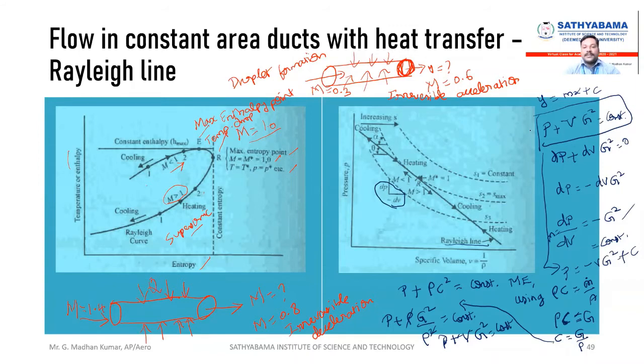So the graph is between P and V, specific volume, right? I think you understand this step, right? So we are experiencing the critical flow, that is M star is equal to 1. From subsonic to supersonic flow, you are heating, and the flow becomes critical and it ends at that point. And then, on heating again, what happens?